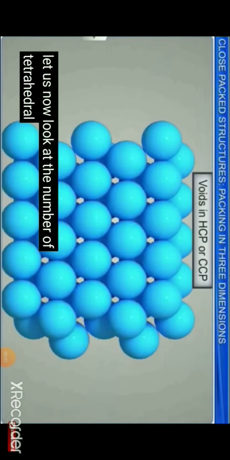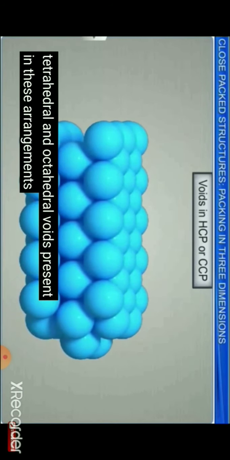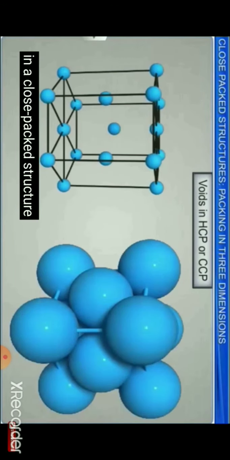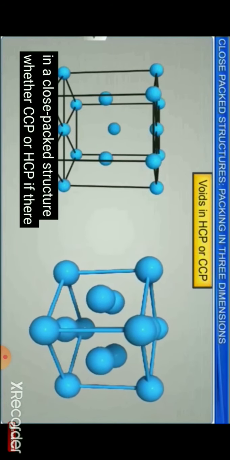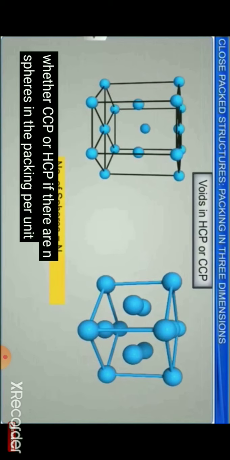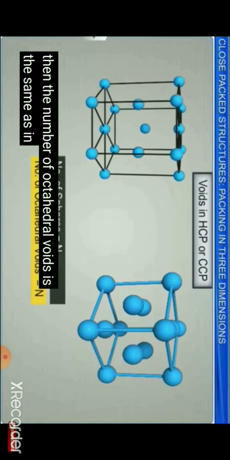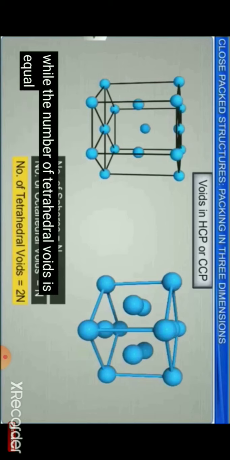Let us now look at the number of tetrahedral and octahedral voids present in these arrangements. In a close packed structure, whether CCP or HCP, if there are n spheres in the packing per unit cell, then the number of octahedral voids is the same as n, while the number of tetrahedral voids is equal to 2n.